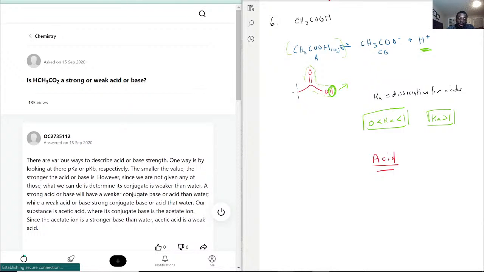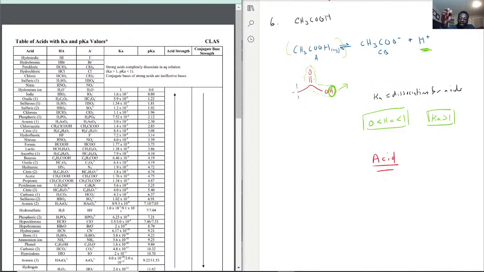And hopefully you were given an actual sheet, and we go over to our acid sheet here. We're looking for acetic acid. CH3COOH, there we go, acetic acid. What is its Ka? It's 1.76 times 10 to the negative 5. And you can already kind of see the answer here.